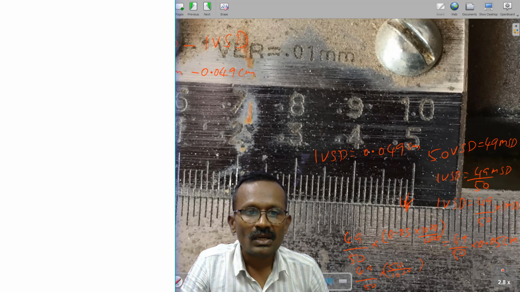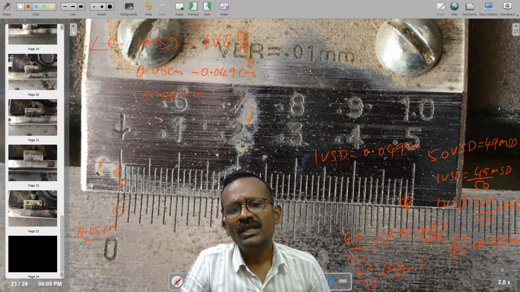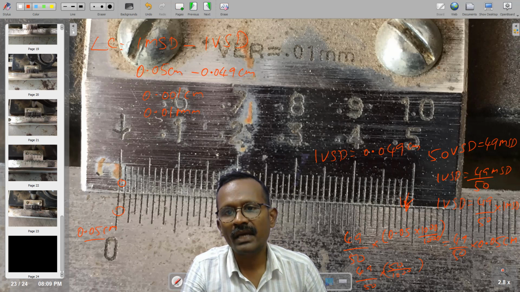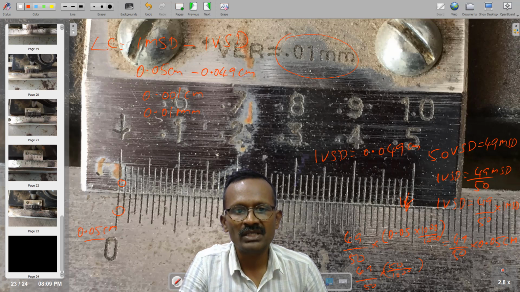This value is 0.001 centimeter. If you convert 0.001 centimeter into millimeter, you'll get 0.01 millimeter. This is what has been printed. The vernier scale least count is 0.01 millimeter.